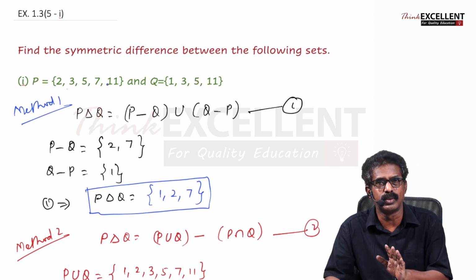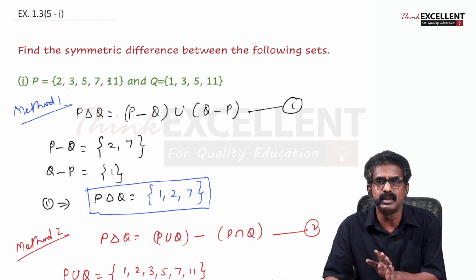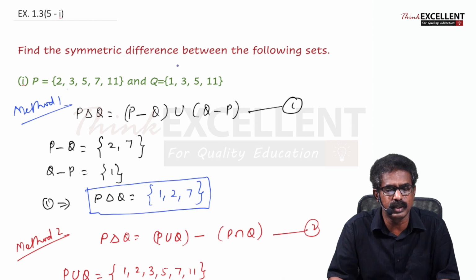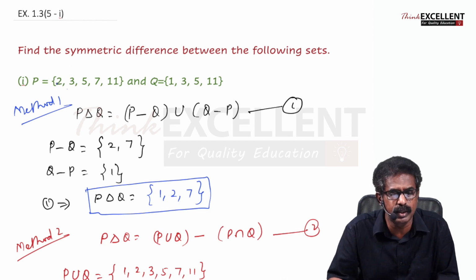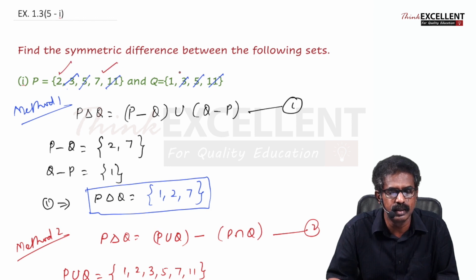So what you do, no? Common elements, you strike it out from both the sets. P and Q, what is common? 2 is not common, 3 is common, right? Both the cases 3 is common, strike it out. What else? 5 is common, strike it out. 11 is common, strike it out. What is left out? 2, 7, 1.